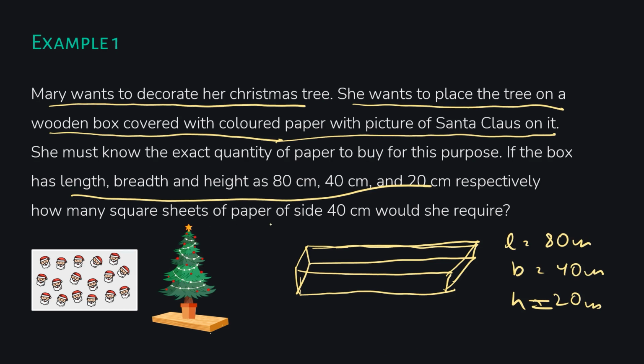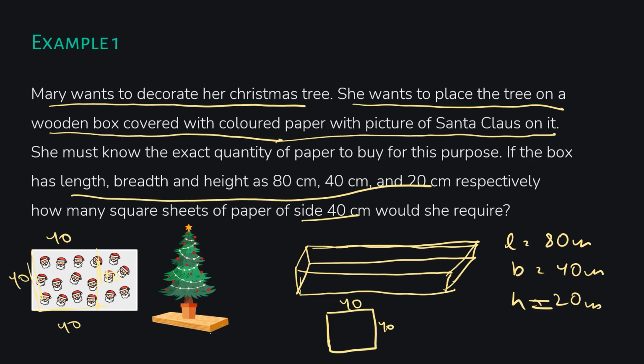So how many square sheets of side 40 centimeters does she require? The sheet that we have is square, 40 into 40. This is a square sheet. Here it looks like a rectangle, so I'll make a square out of it. So this is a square, and we have 40 into 40.